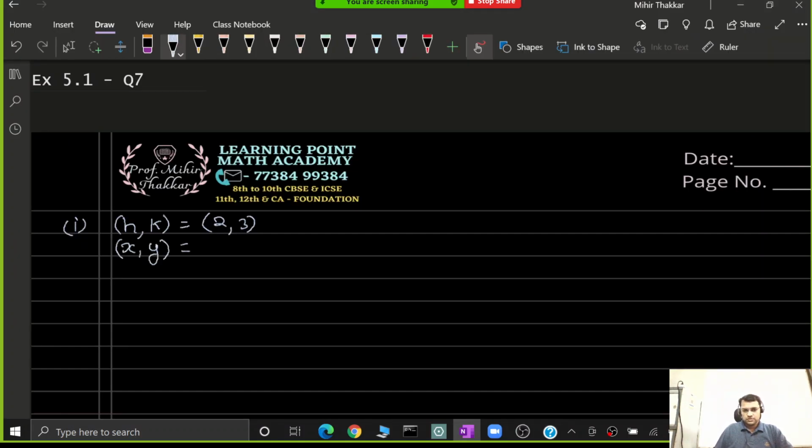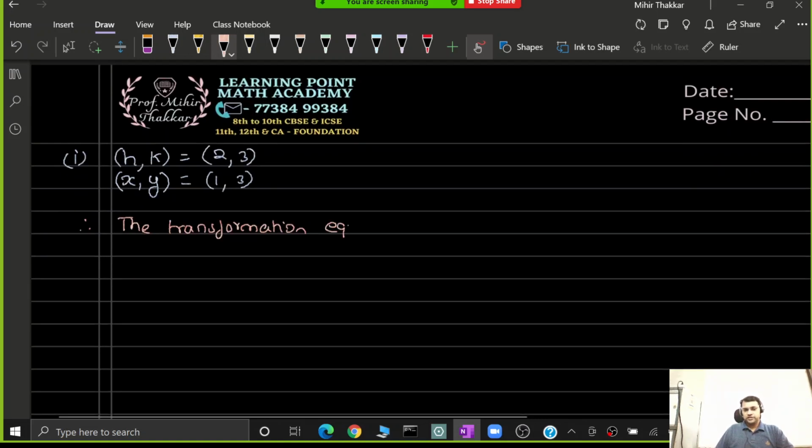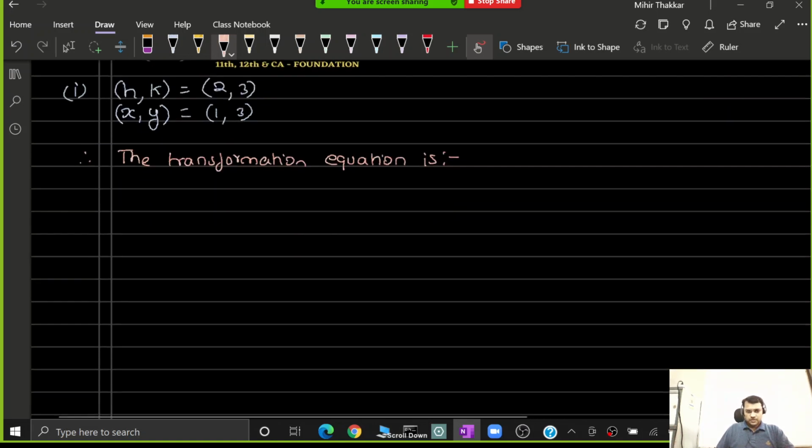So I will write over here, the transformation equation is small x is equal to capital X plus h, which is therefore 1 is equal to capital X plus 2, so capital X is minus 1.